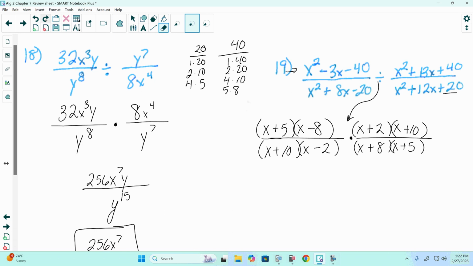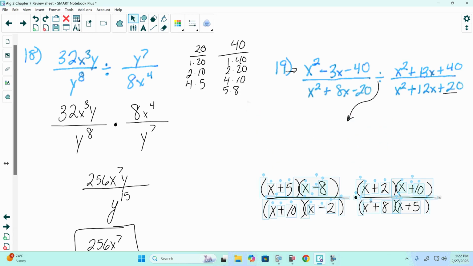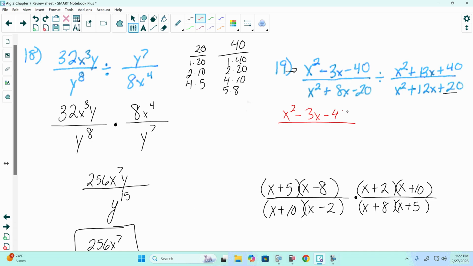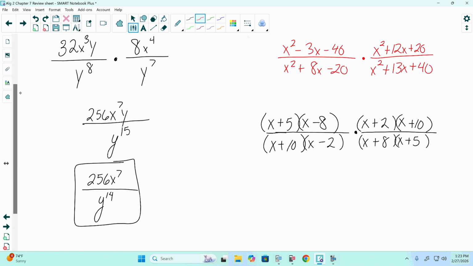Because if we're able to keep track of all this, great. If not, what I would suggest is then do this. Keep the first one the same, change it from division to multiplication, and flip that second expression, then factor.